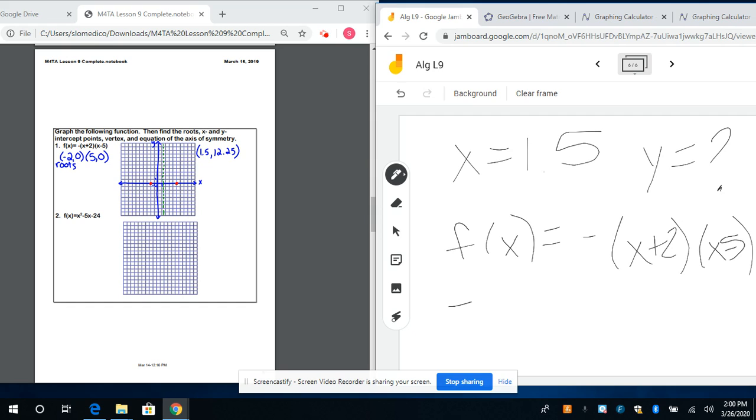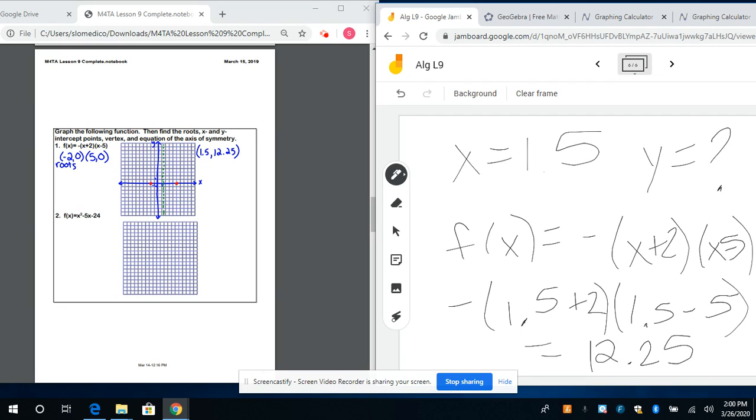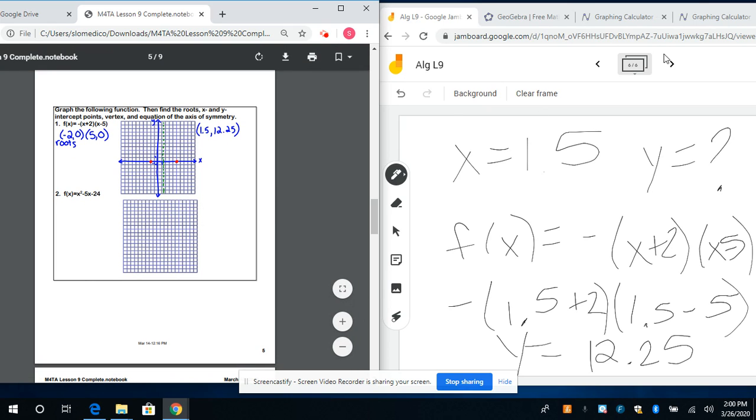All right, so now you just plug it in. So negative (1.5 plus 2) times (1.5 minus 5). You do that out, you should get 12.25 as your y value, and you would make that into a point, which I did over here on my screen from the classwork. Okay, let's try the next one.